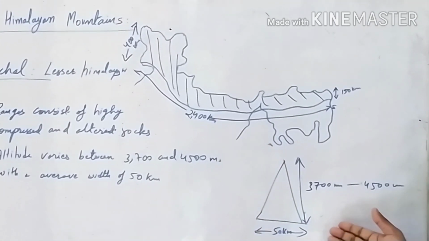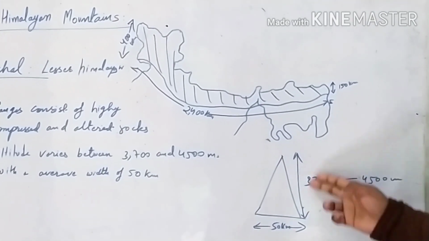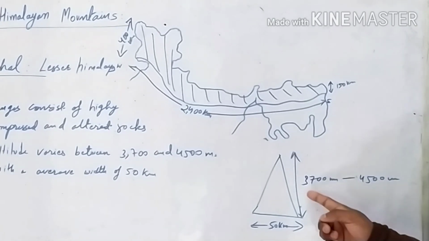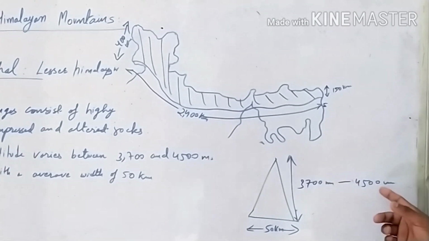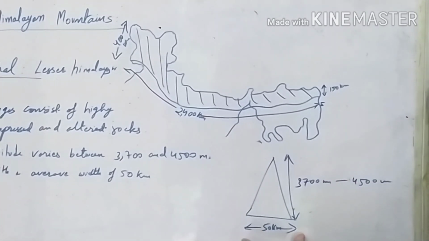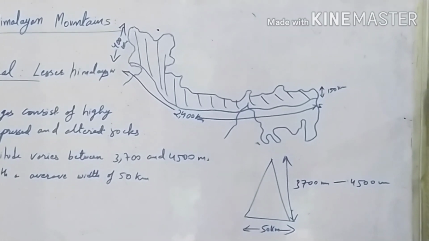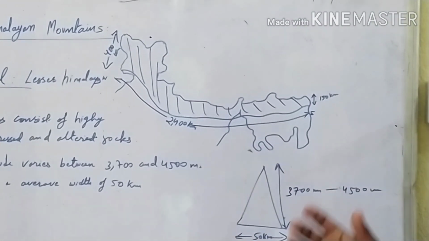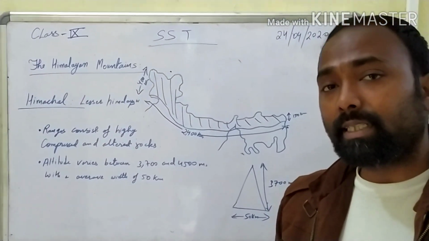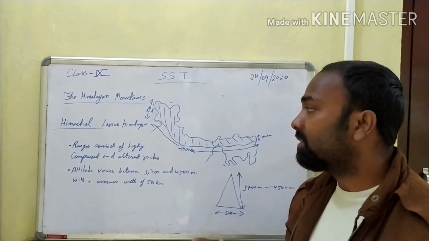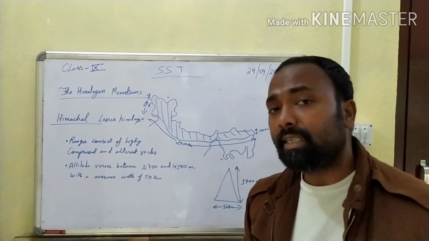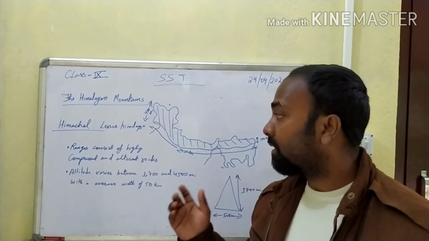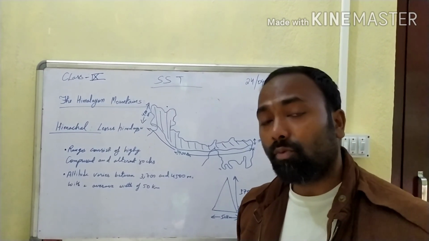In this diagram also you can understand the altitude varies from 3,700 to 4,500 meters, and the width is an average of 50 kilometers. One important thing about this mountain range is that it is the most rugged mountain system in the country, or we can say in the world.